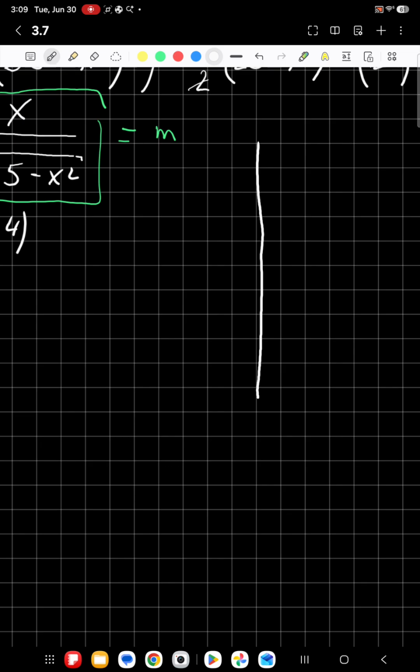Okay, so let's say this is 5. I know it doesn't look like 5, but it is. And this is 5. And here's the circle.